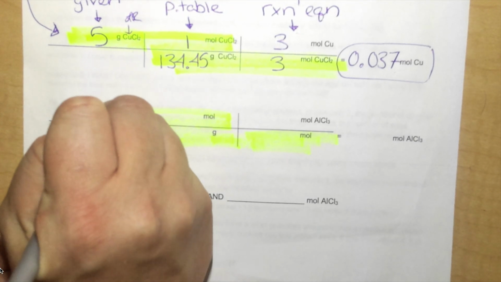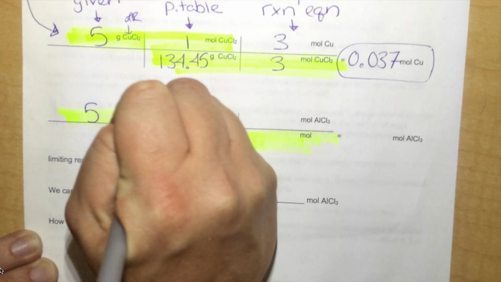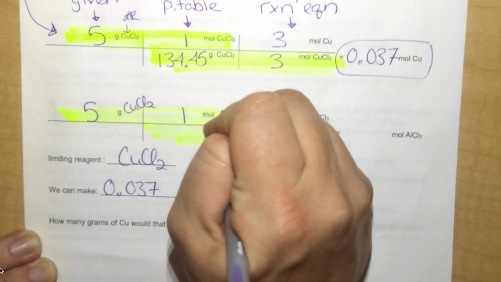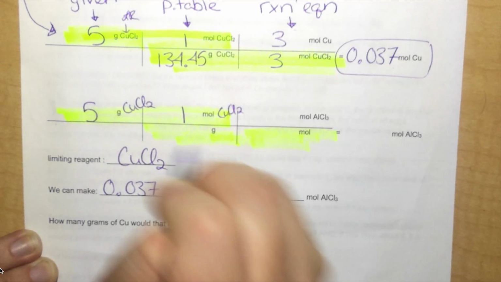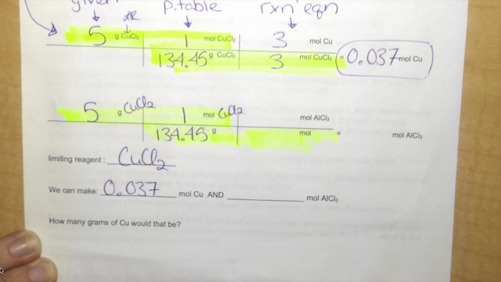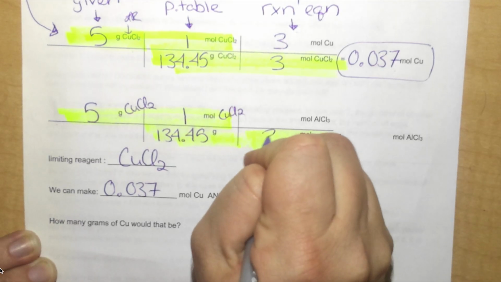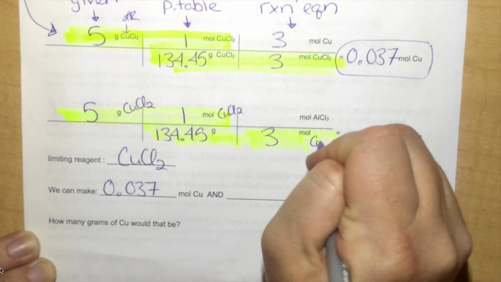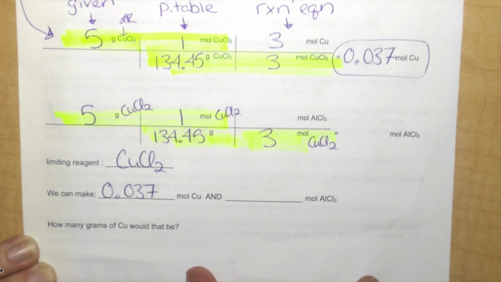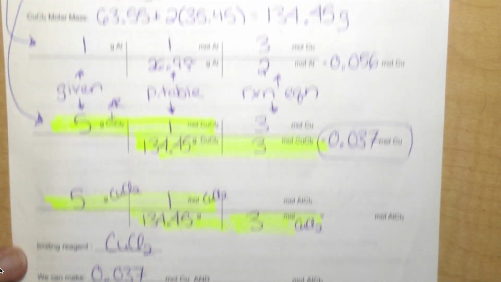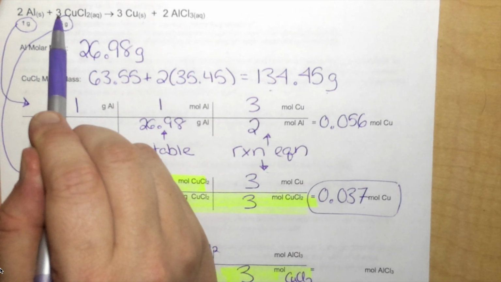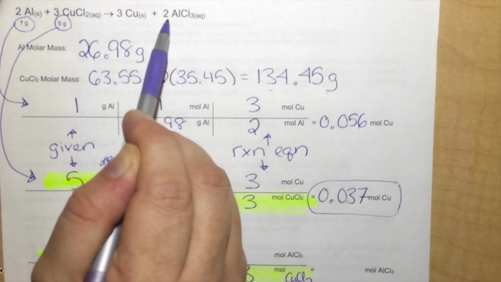So if I have 5 grams of CuCl2, okay, 1 mole of CuCl2 is 134.45 grams, and 3 moles of CuCl2 react to make how many moles of aluminum chloride? So we go back up to my reaction equation, and we can see for every 3 moles of copper chloride, we're making 2 moles of aluminum chloride.